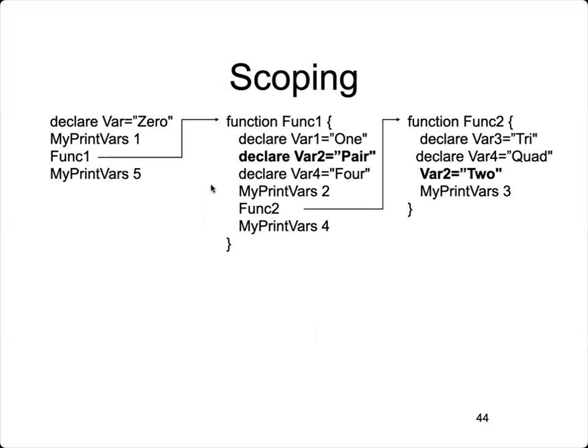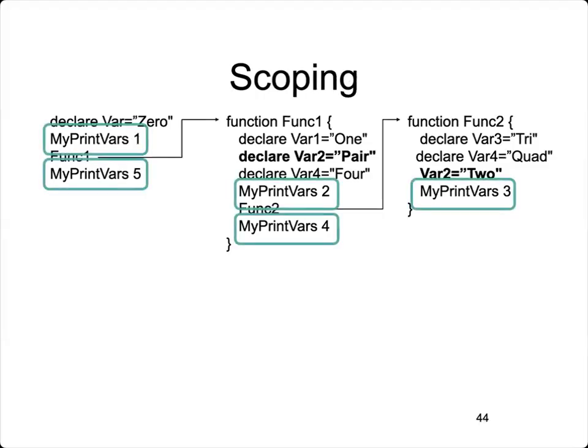I said I like to use local, but in my sample I use declare. On the first run, I have a function that prints out all the variable names in here. It prints out var, var1, var2, var3, so we can use it as a test case.